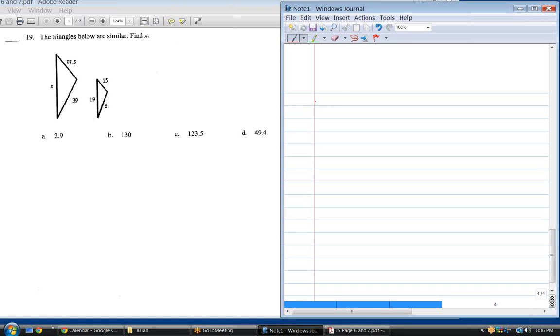What do we do here? The ratios again. So 19 over x equals 15 over 97.5. Now, this is going to work just fine, but notice I do have to cross multiply this.